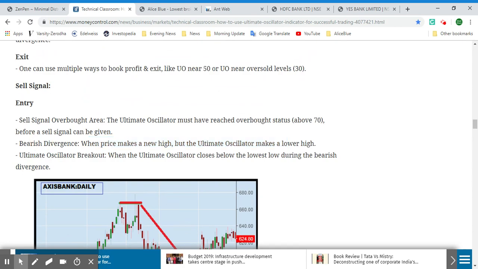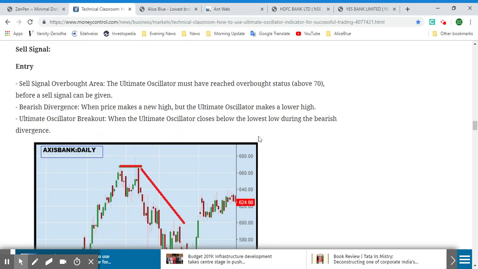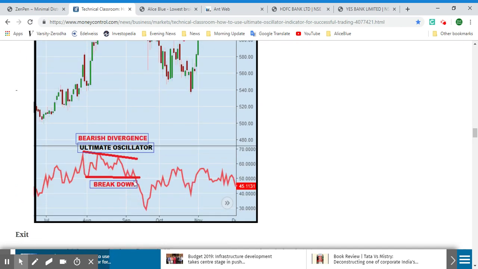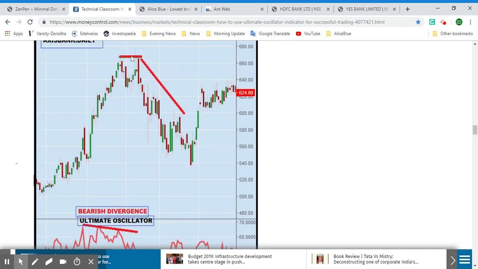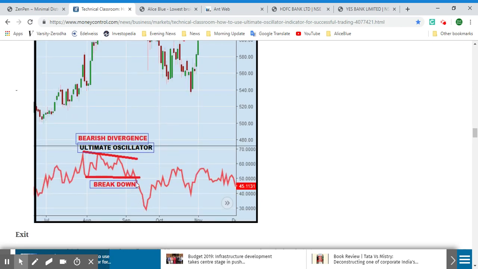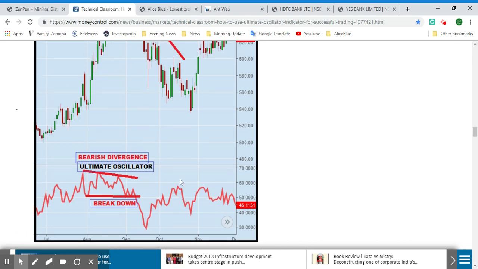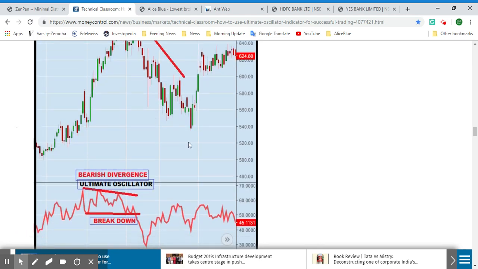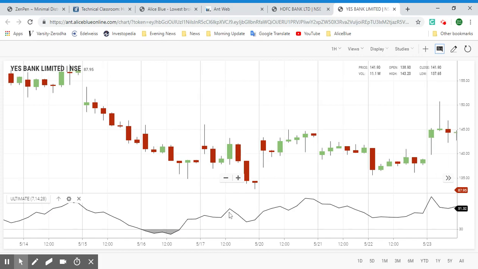The ultimate oscillator breakdown is when the ultimate oscillator closes below the lowest low during a bearish divergence. Here, the chart is in a higher trend. It's slowly going down, and we can see that the indicator has hit the oversold levels here, even though the levels aren't shown that low. So let's look at that.